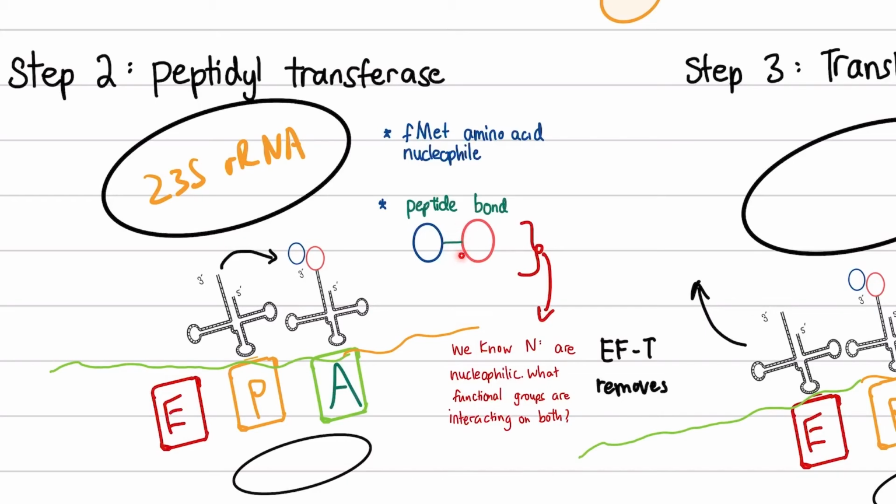The amino group is going to nucleophilically attack the first amino acid, the FMET, and this is going to form the peptide bond between these two, and this is also catalyzed by the 23S ribosomal RNA inside the large ribosome, and this will allow the entire formation of the peptide.